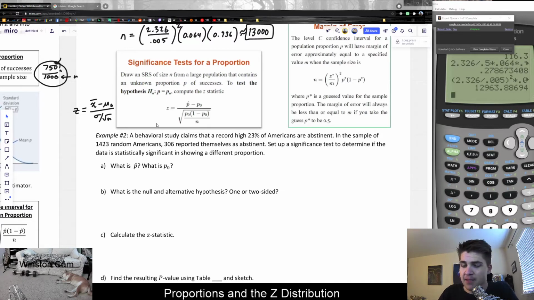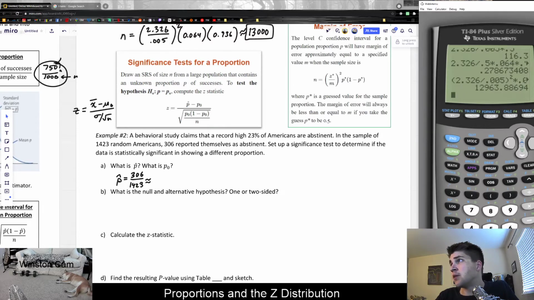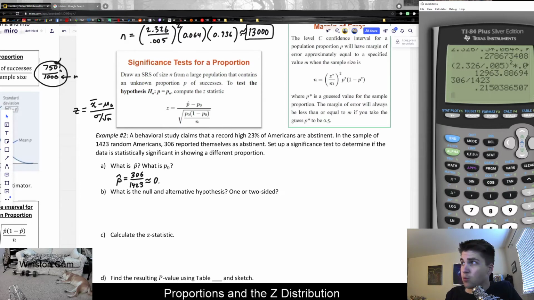So we could set this up in a similar fashion, where our sample proportion is 306 out of 1423. That would be approximately 21.5%, 0.215.